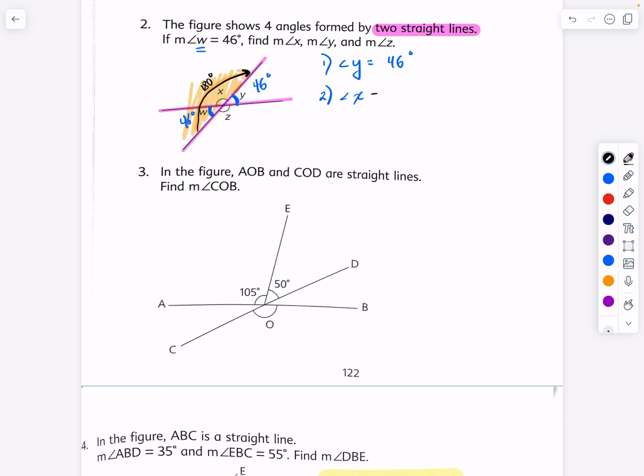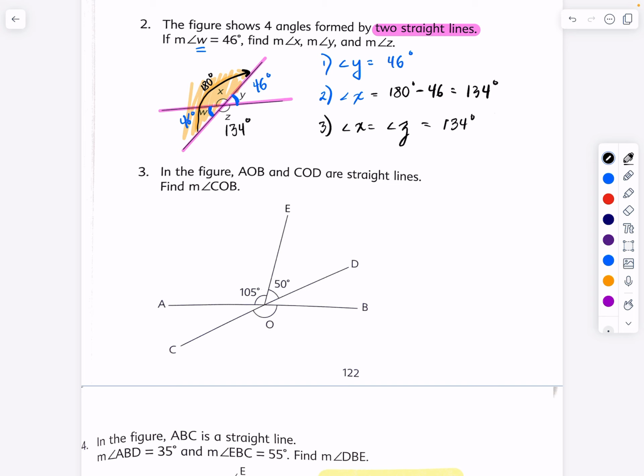Therefore, let's use this theorem. 180 minus 46, and we have 134 degrees for angle X. And step 3, angle X is equal to angle Z, because they're vertically opposite and both of them equal 134 degrees. Let's label 134 degrees. I think I solved this problem correctly.